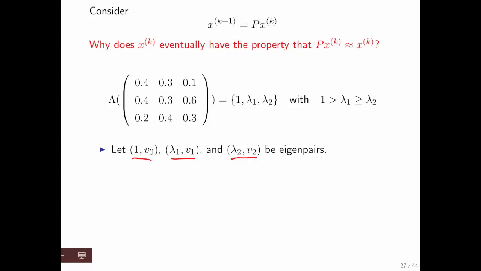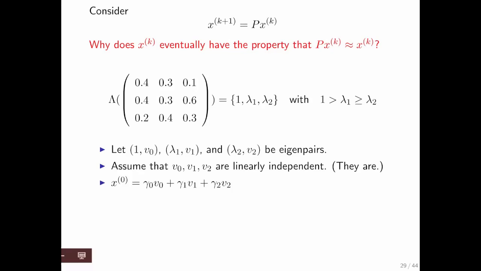Let's look at the three eigenpairs for this matrix, which gives us then three vectors v0, v1, and v2, and I'm using v because we're already using x for something else. Let's assume that these vectors are linearly independent. We haven't proven that, but let's just assume it. We know that if they are linearly independent, then the vector x0 can be written as a linear combination of those three vectors. So the coefficients then are gamma 0, gamma 1, and gamma 2.